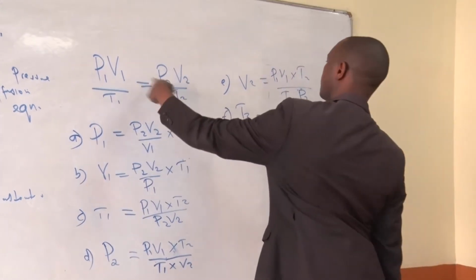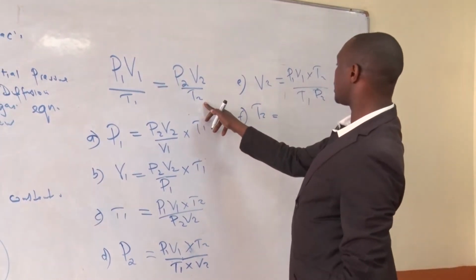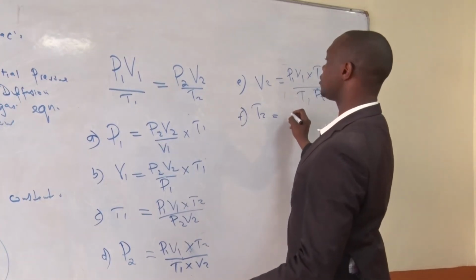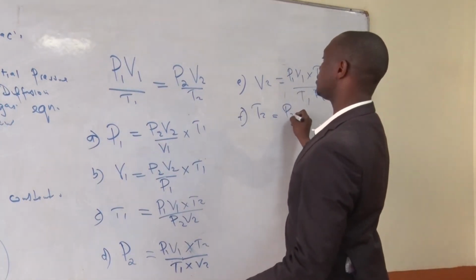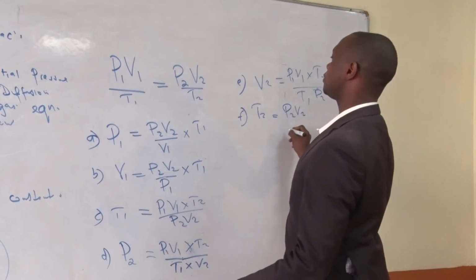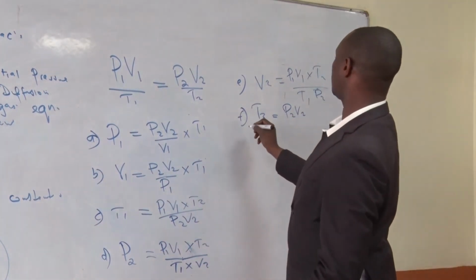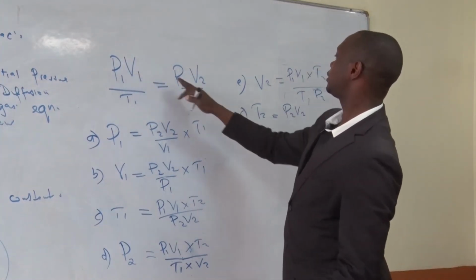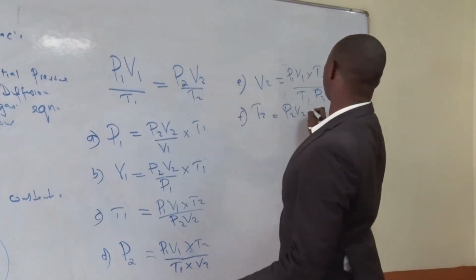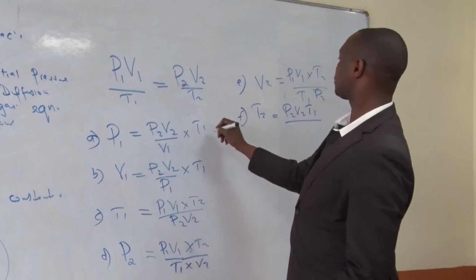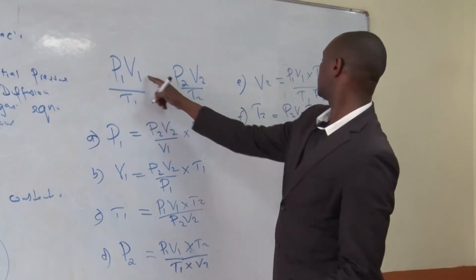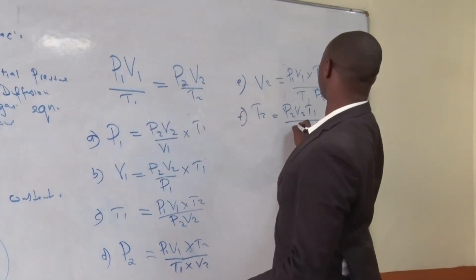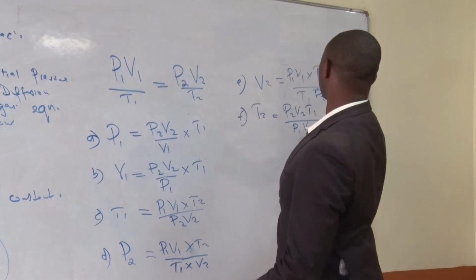Again, you cross multiply, making T2 the subject of the formula. We get that T2 is equal to P2 V2 T1 all over P1 V1.